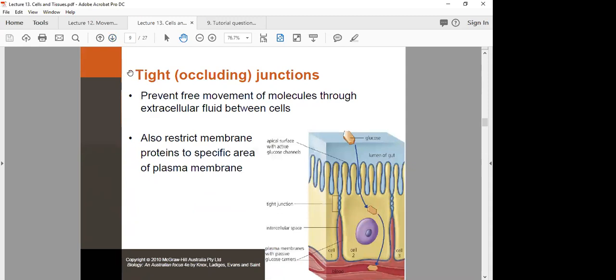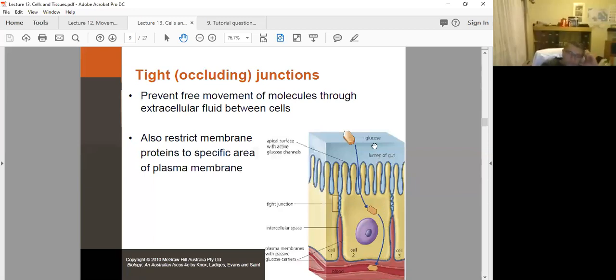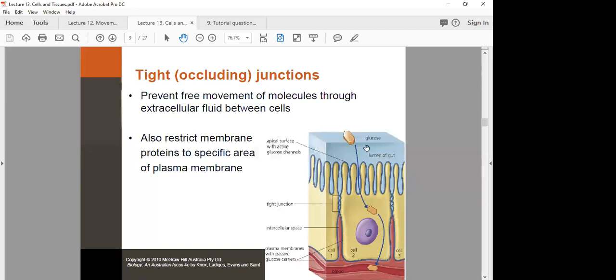All right, so let's start with the first group of junctions, the tight or occluding junctions. These function to prevent the free movement of molecules through the fluid in between the cells. So once again, we're looking at an epithelial cell of the intestine. And this region here is the inside of the intestine, referred to as the lumen.